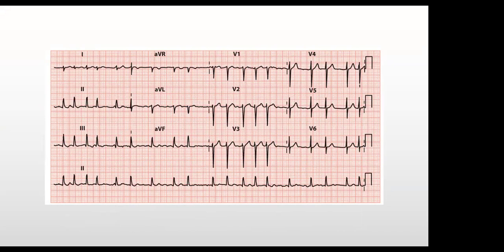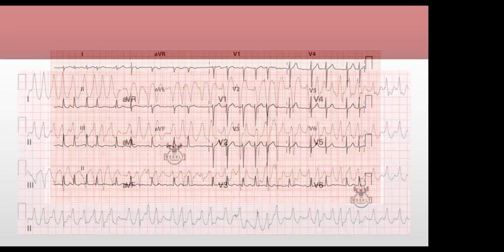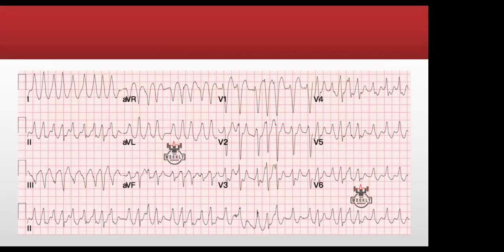Spot diagnosis. Dr. Henry, tell me. What's this? Atrial fibrillation. So what's this?